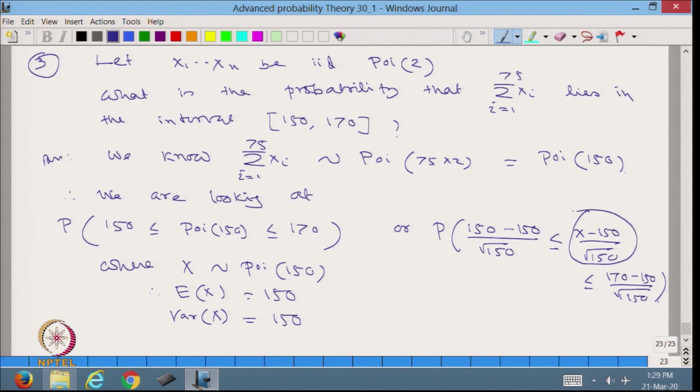Therefore, this is, by CLT, a standard normal variate.